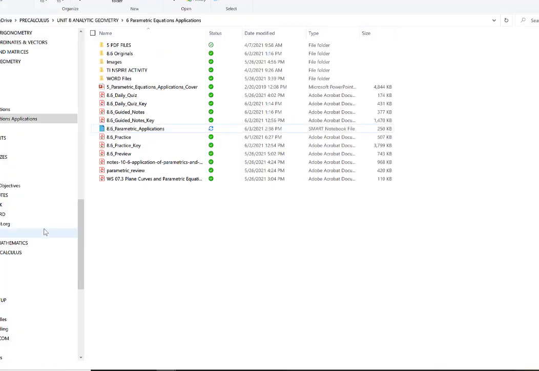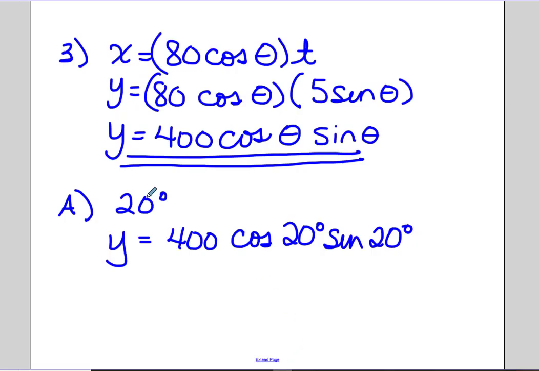So at 20 degrees, the ball goes about 128.56 yards.